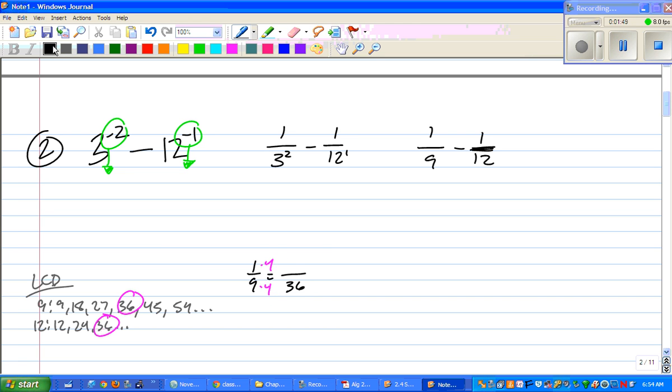You multiply by 4. 1 over 12 equals something over 36, and for that we multiplied by 3. The key thing is make sure to change your numerator. So 4 over 36 minus 3 over 36 equals 1 over 36.